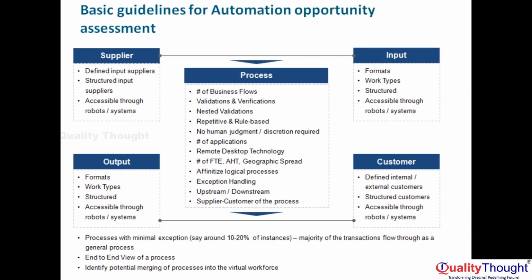So identify the common steps. If your processes have more common steps, then we can do easy automation. So let's say 20 processes, each process has 10 steps, 200 steps, and all 200 steps are different. There is no logical affinitization, then it is very difficult.